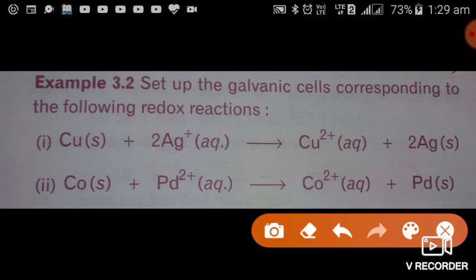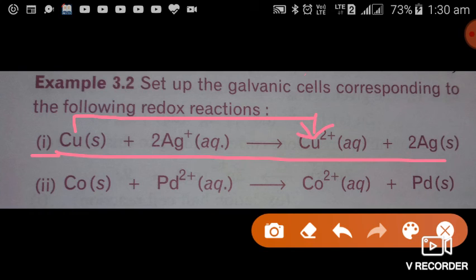Here, in the first reaction I am taking, this is a complete redox reaction. Why? Because in this reaction both processes are taking place, reduction as well as oxidation. Here the copper, which is changing into copper ion, you can easily get this type of half reaction.